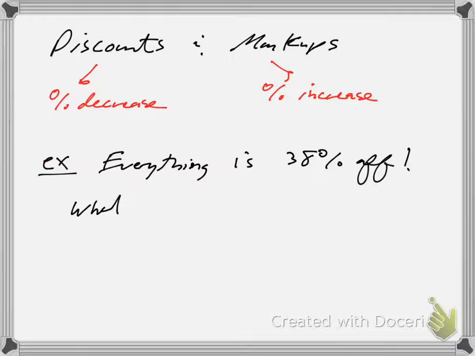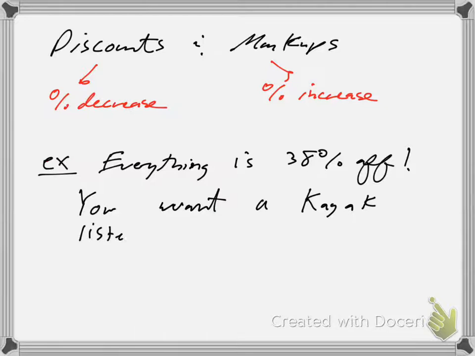So you want a kayak listed at $695. Okay? So let's figure out what your discount amount is.